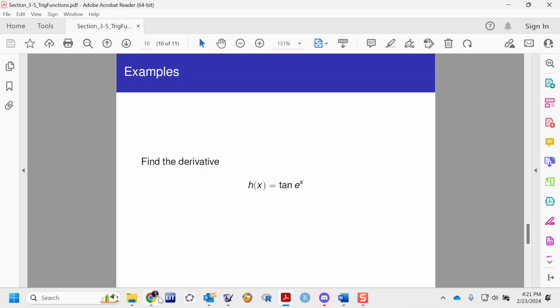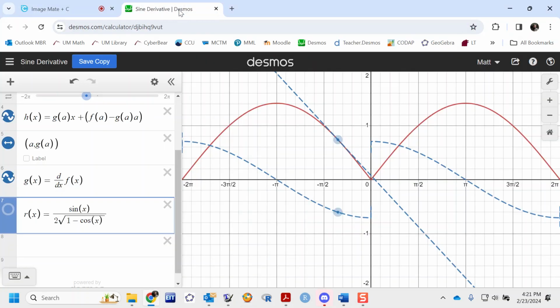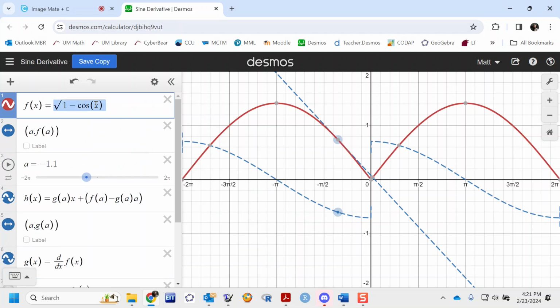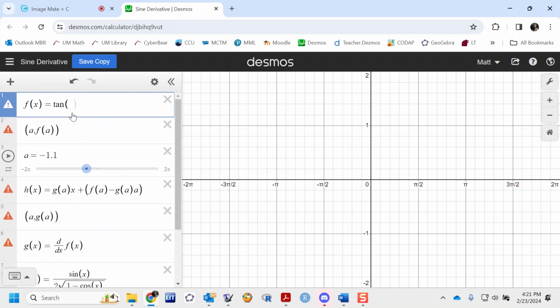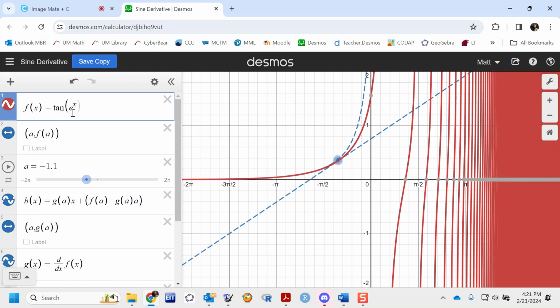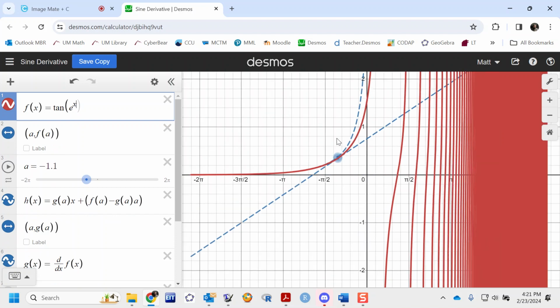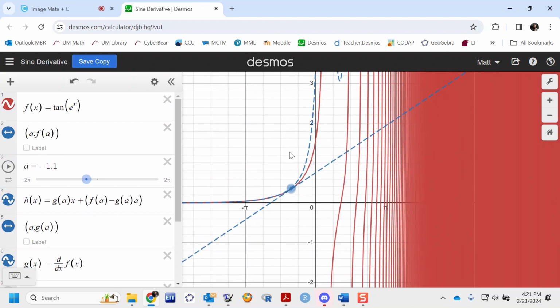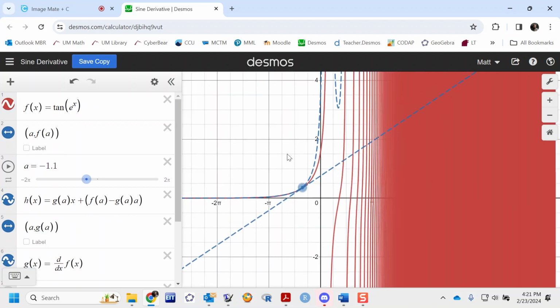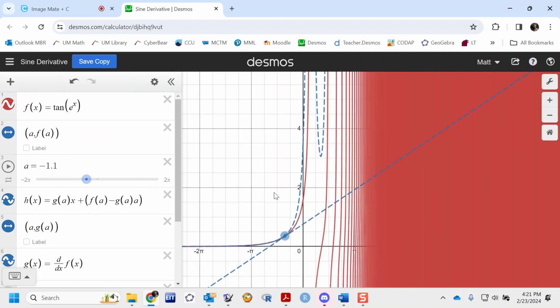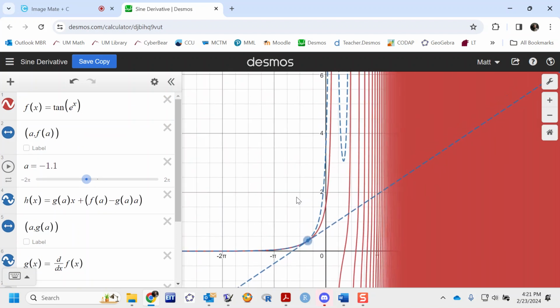Let's see if we can get a sense of what it looks like first. The tangent of e raised to the x. We get this crazy function. So yeah, this is an absolutely crazy function here.